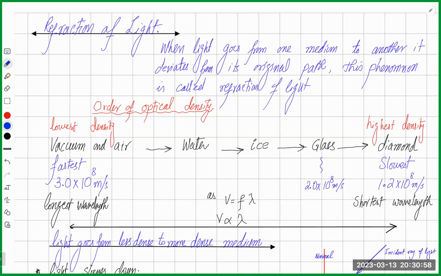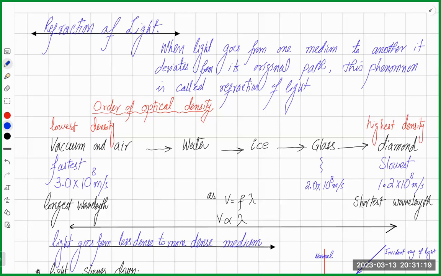Now, light bends when it goes from one kind of medium to another kind of medium. First of all, you need to understand that light can travel either through vacuum, or it can travel through transparent media.